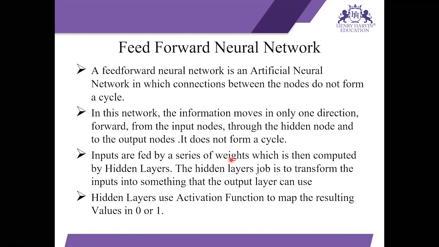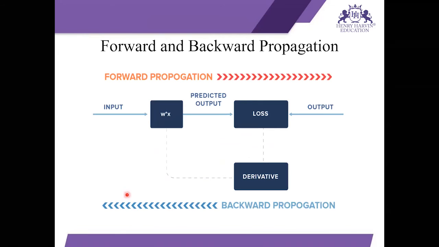Inputs are fed by a series of weights, which are then computed by hidden layers. The hidden layer's job is to transform the inputs into something that the output layer can use. So hidden layers use an activation function to map the resulting values to 0 or 1. So this is what we have seen in forward propagation.